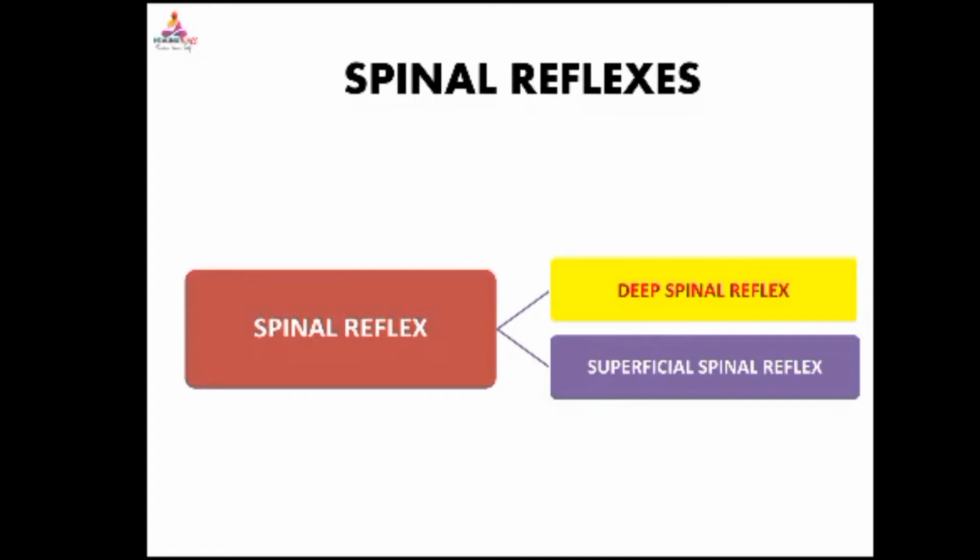First is the deep spinal reflex. These are elicited by stroking a tendon, hence called tendon reflexes. Examples: knee jerk, ankle jerk, etc.